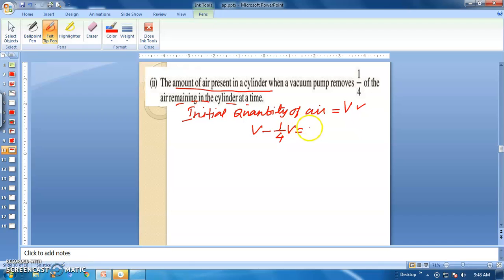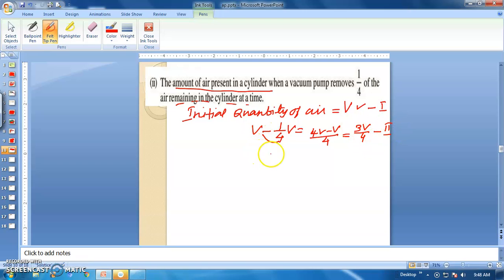So equal to, how can we write? Make a cross multiplication: 4V minus 3V, sorry, 4V minus V divided by 4, equal to 3V divided by 4. So in the first one it is V volume, and in the second one it is 3V by 4.